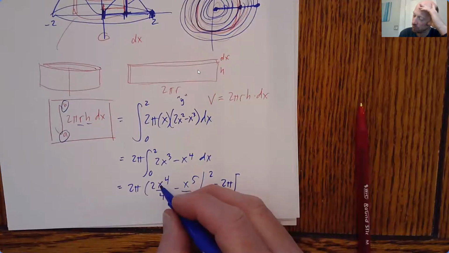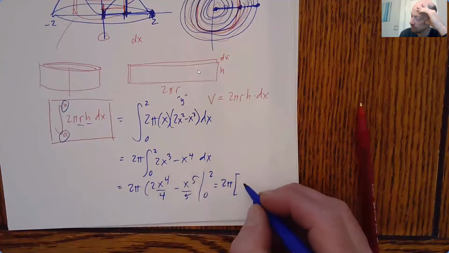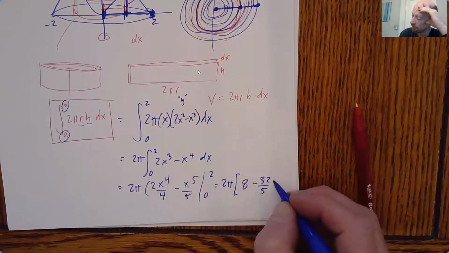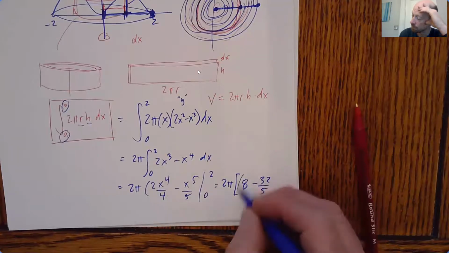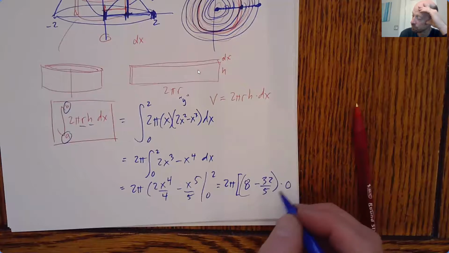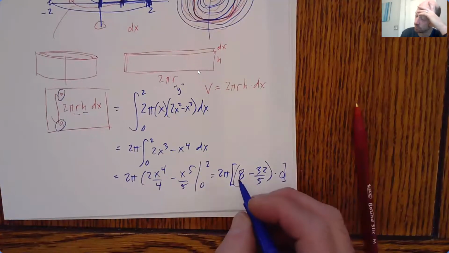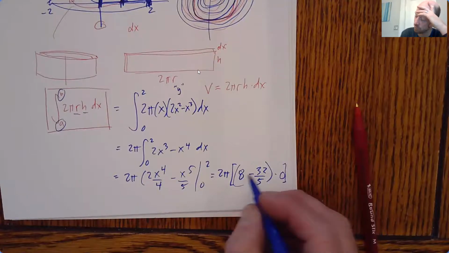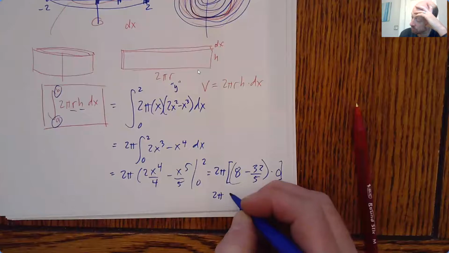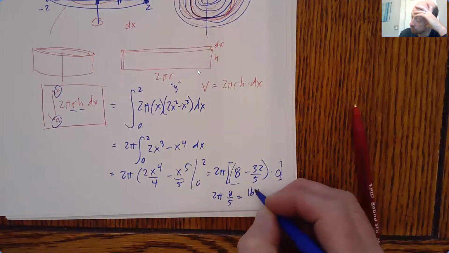When I put in 2 here, I get 32 over 4, so that's 8, minus 32 over 5. When I put in 0, I get 0. So whatever that is, 5 times 8 is 40, so 40 minus 32 is 8 fifths. It's 16 pi over 5.